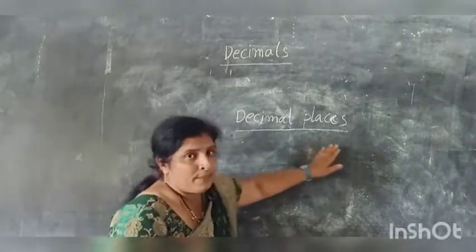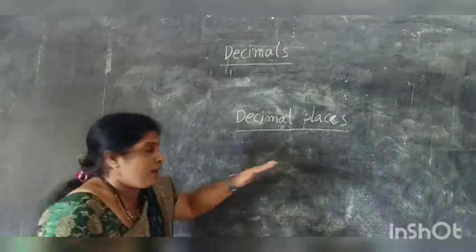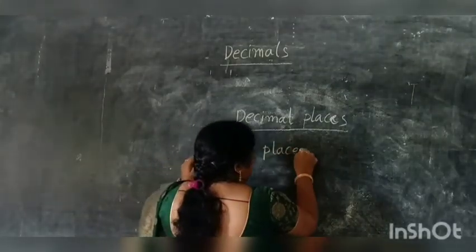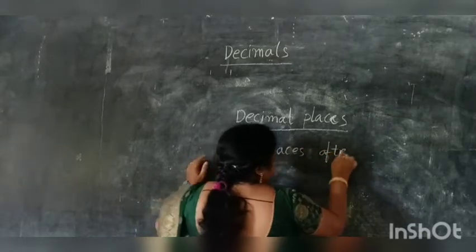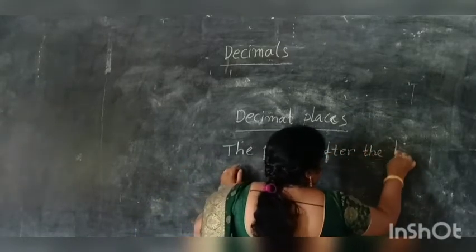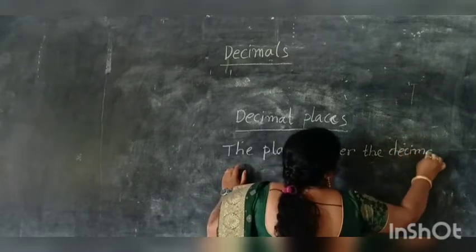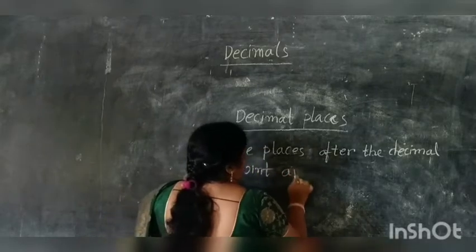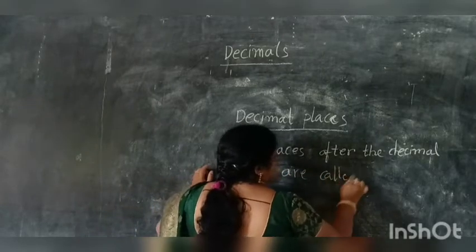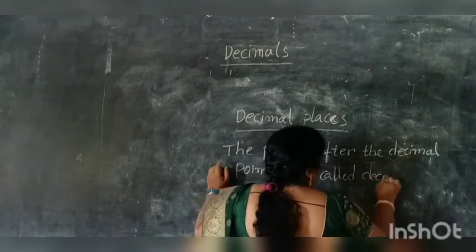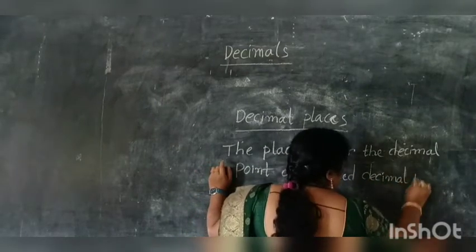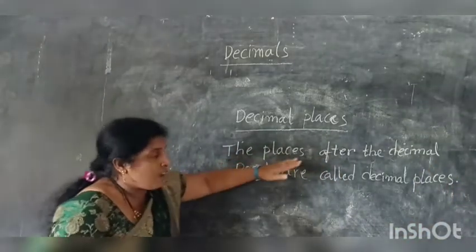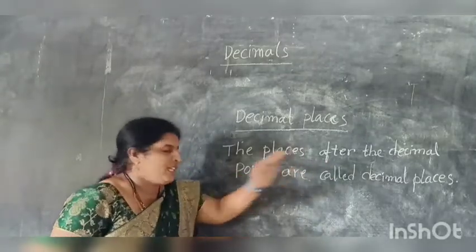The next one is decimal places. The places after the decimal point are called decimal places.